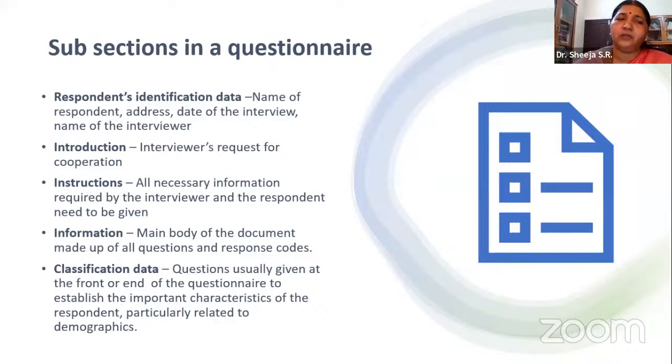In the case of social science research, this will be compulsory, because from this portion you get an idea about the socioeconomic conditions, particularly the social condition of the respondent, and the essential demographic features also. You will get an idea about that from this section. So these are the important subsections which are required in a questionnaire.